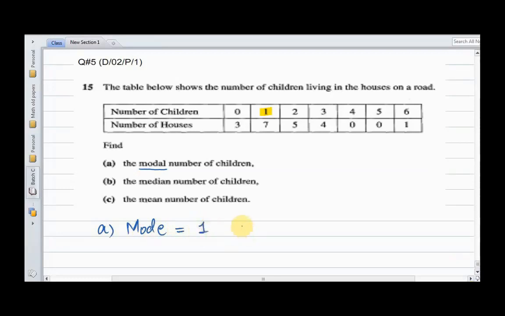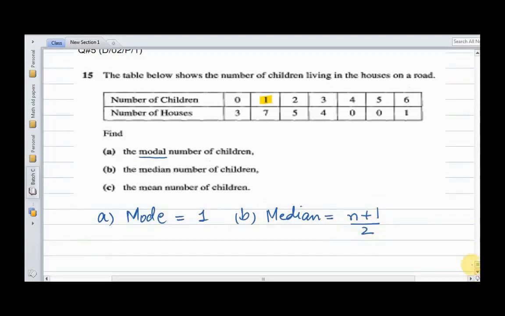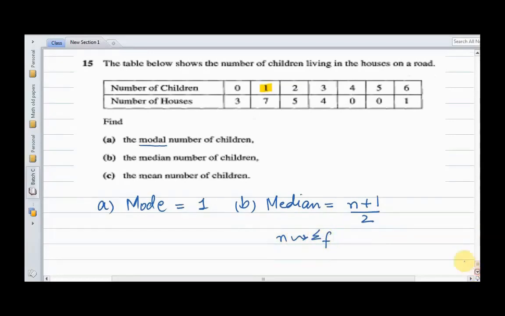For part B it says find the median. We know that for median first we need to apply the working formula n plus 1 upon 2, where n is the summation of frequency. We can add it: 3 plus 7 plus 5 plus 4 plus 0 plus 0 plus 1.